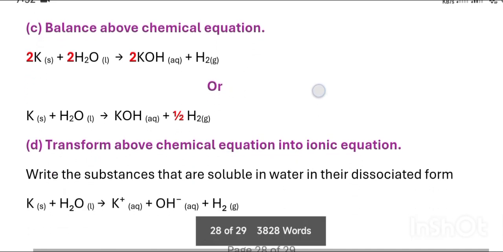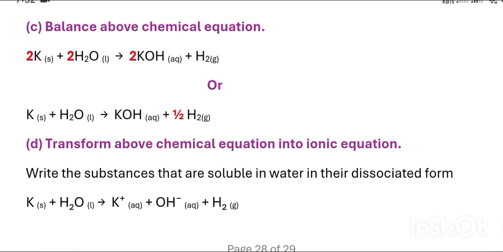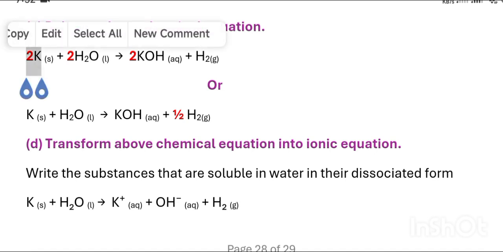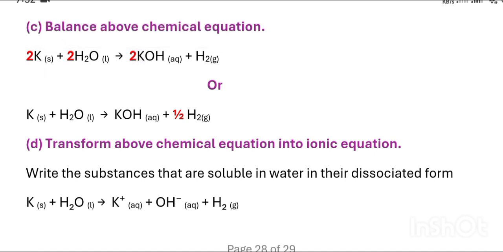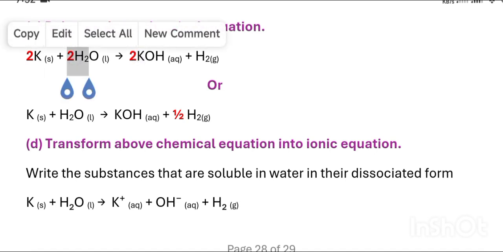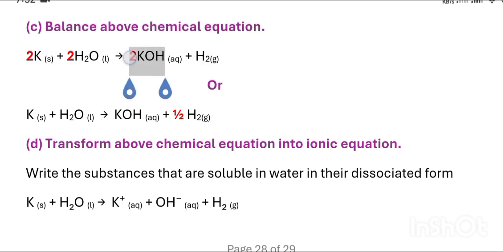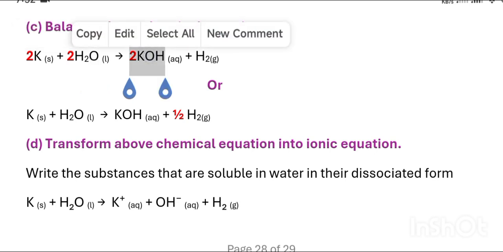Now the next part is to balance the chemical equation. There are two ways again to balance it, because the number of hydrogen is different on both sides of the equation. Either just multiply the whole equation with 2, so it will become 2 potassium atoms here and 2 potassium atoms here, 2 into 2, 4 hydrogen atoms here, and 2 in this hydrogen and 2 in this hydrogen, so it will become 4, and 2 oxygen here and 2 oxygen here.